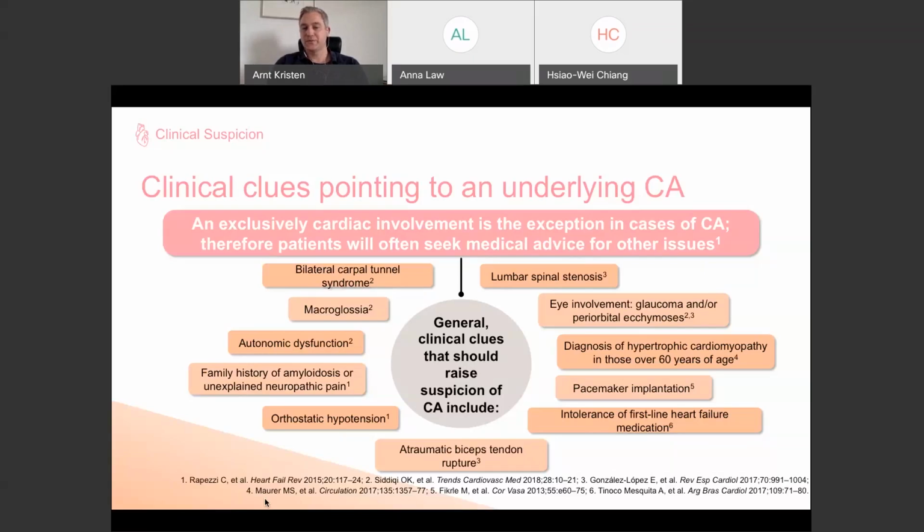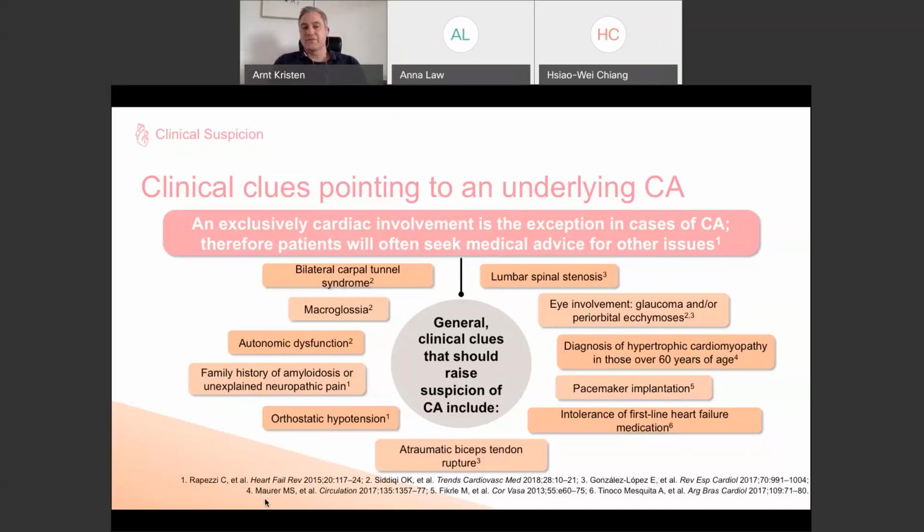Then autonomic dysfunction can be a clue to diagnose amyloidosis in general, TTR amyloidosis, or a patient with diagnosis of hypertrophic cardiomyopathy who's older than 60 years of age could be a patient that presents with cardiac amyloidosis.